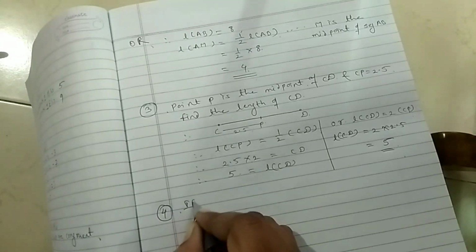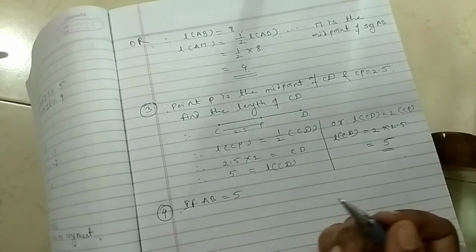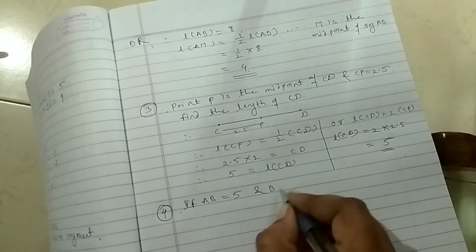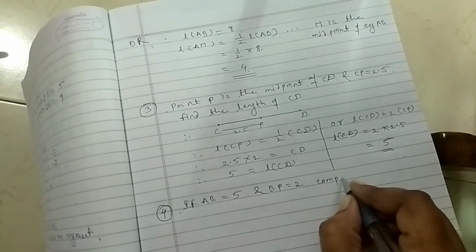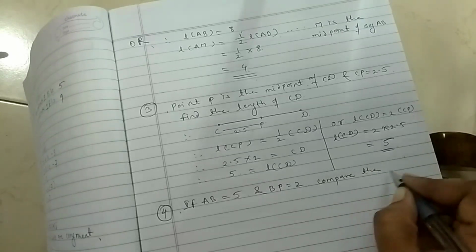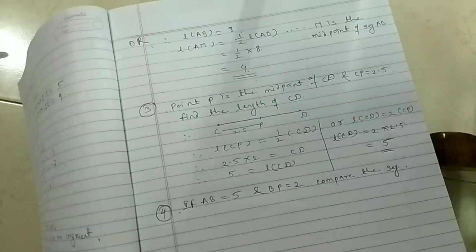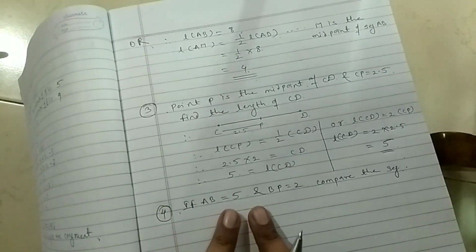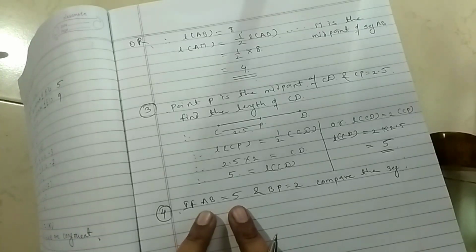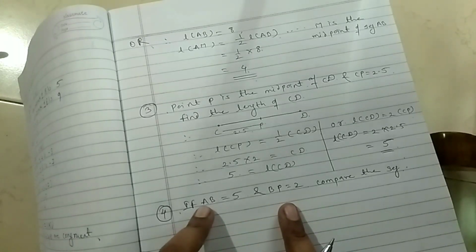If AB is 5 and BP is 2, compare the segments. We know how to compare the lengths, which are different. Here the length of AB is 5 and the length of BP is 2. So which one is greater? AB is greater, right?